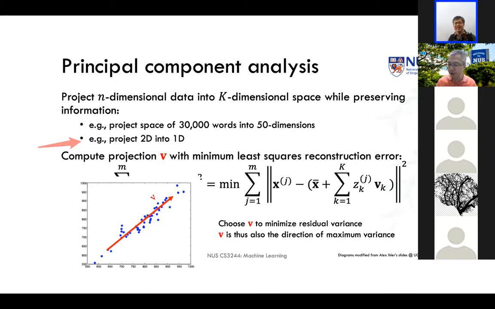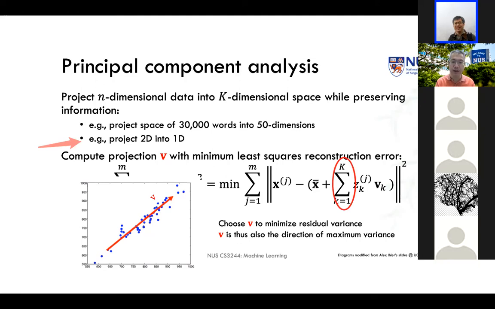So again, what we want to do, as it says here, is project and find the V with the minimum least squares reconstruction error, depending on how many dimensions we're using. So it depends on the K that we have here. So we want to choose the V dimensions that minimize the residual variance.